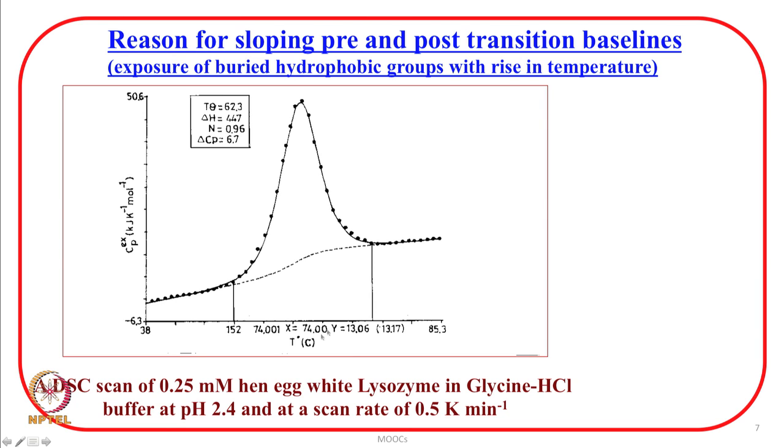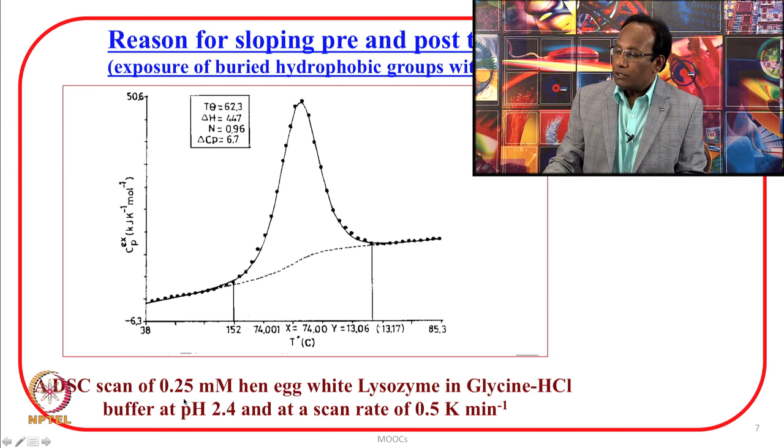We have discussed how this differential scanning calorimetric output is generated from the instrument, and this particular example is for 0.25 millimolar hen egg white lysozyme in glycine HCl buffer at pH 2.4 at a scan rate of 0.5 Kelvin per minute.